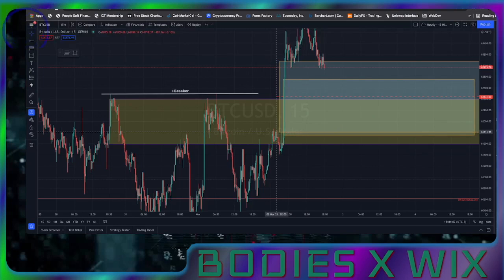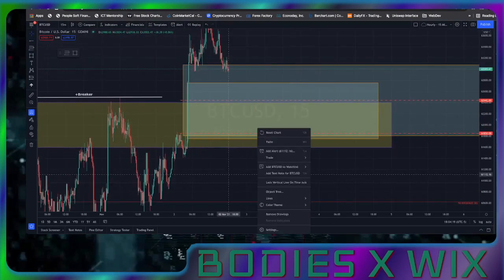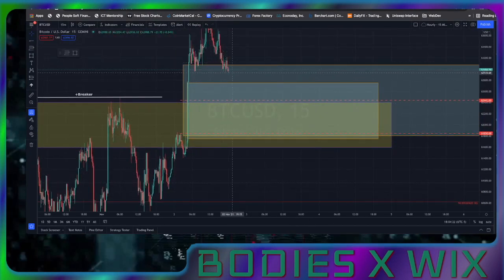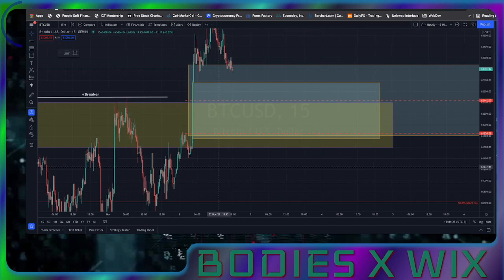So I would be looking at this right here as well. So anywhere in between here and here is where I would be looking at a positive reaction for Bitcoin. I'm trying to see if there's anything else I would look at for a positive reaction for Bitcoin as well.